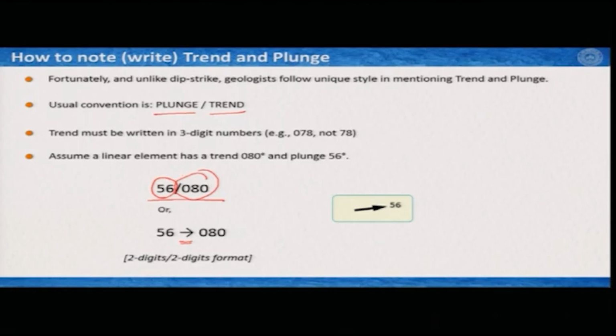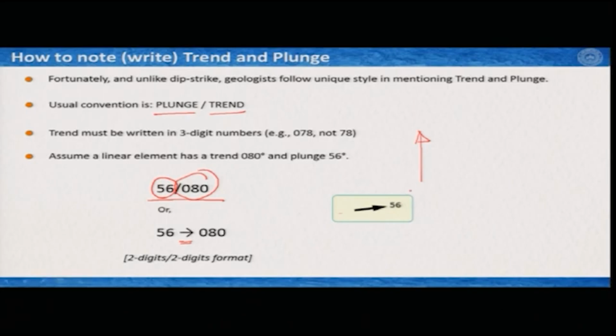Now, in the map again it is the trend, because it is measured on the horizontal plane. So, given the north of this map is in this direction, you draw a line, and this line would indicate your trend.